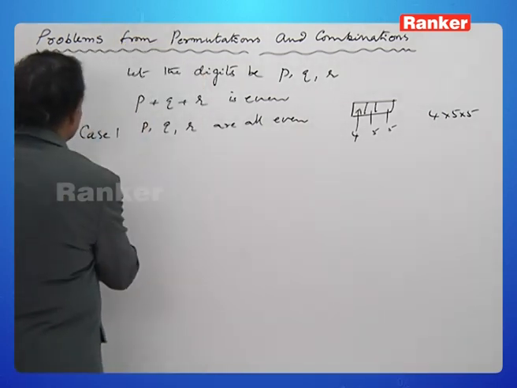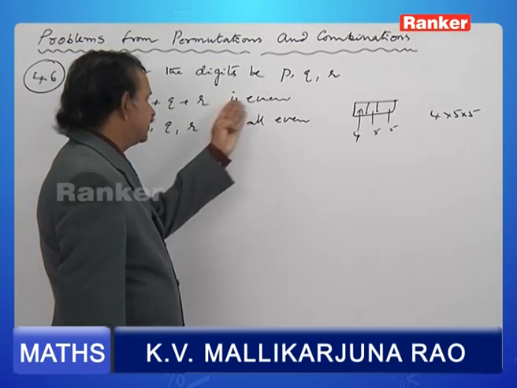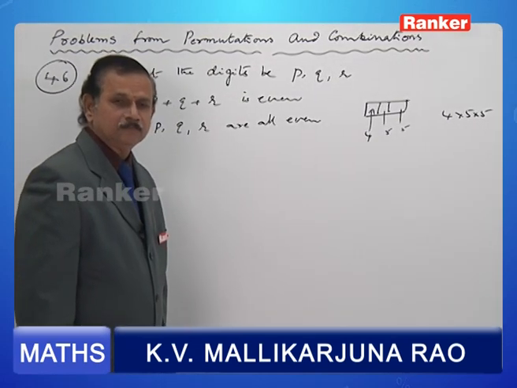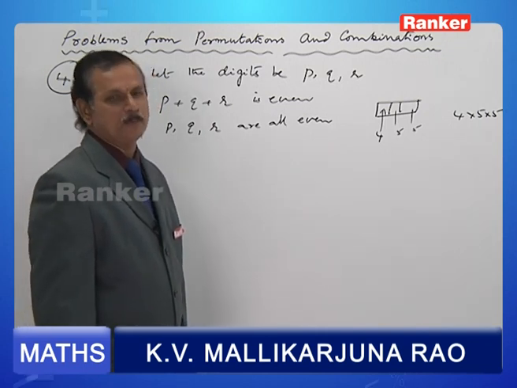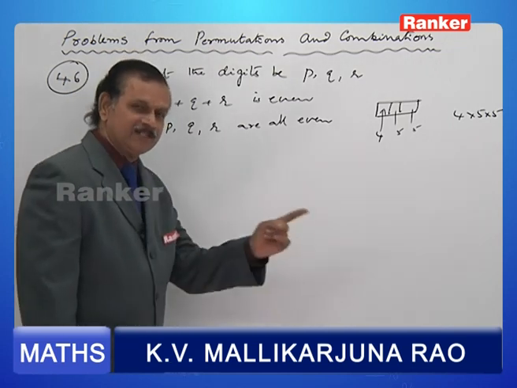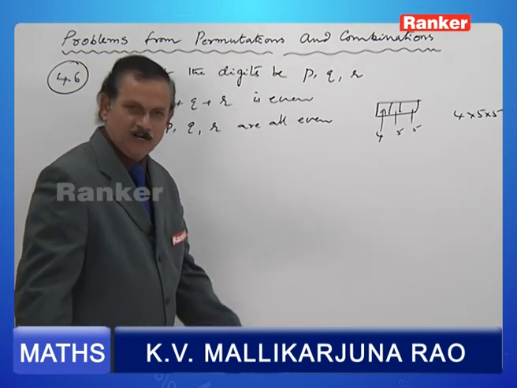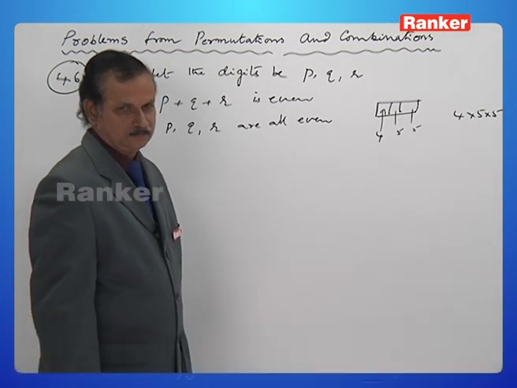Case 2. The sum must be even. Can P, Q, R all be odd? No, not possible. 2 things even, 1 odd? Not possible. Why? Because then the sum will be odd.